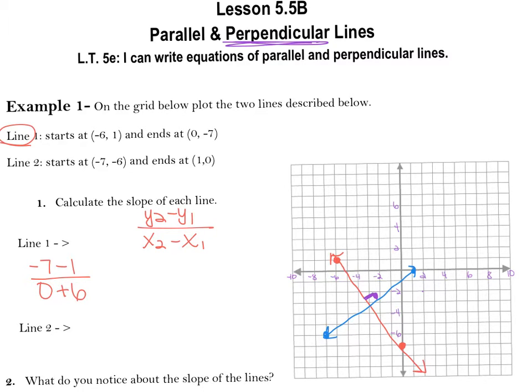And two negatives make a positive, so I just wrote plus 6. So negative 7 minus 1 is negative 8 all over 6, and I'm going to reduce that. So I can take a 2 out of both of those, so I have negative 4 over 3 is my slope for this one. So my slope for line 1 is negative 4 over 3.